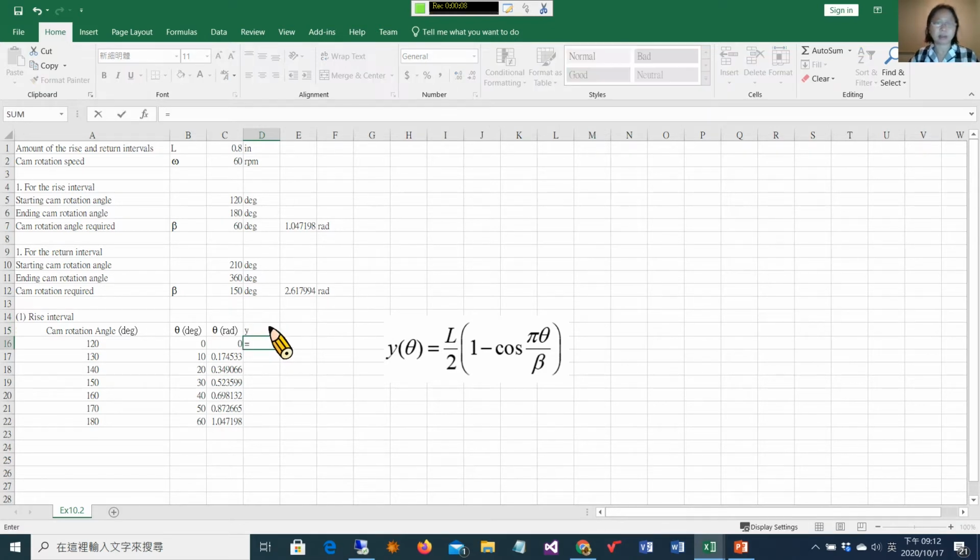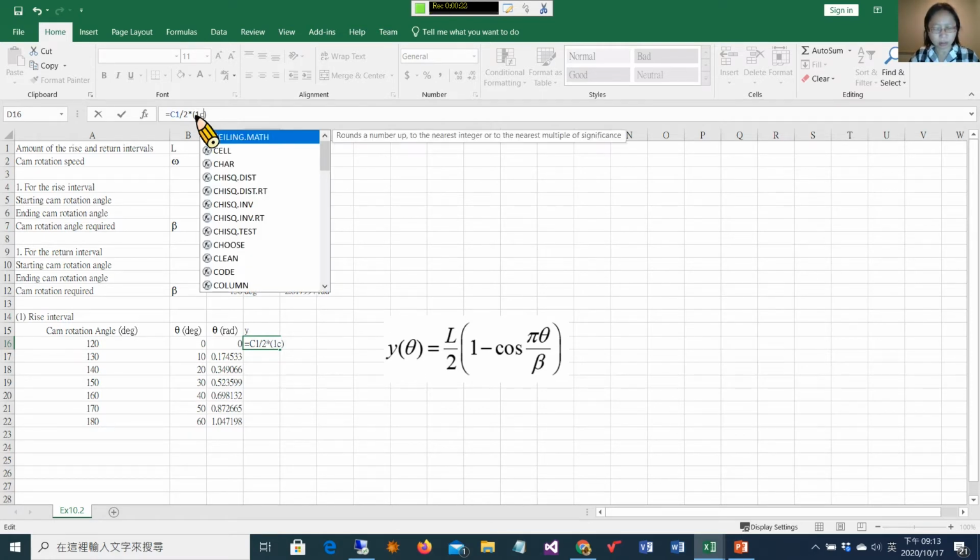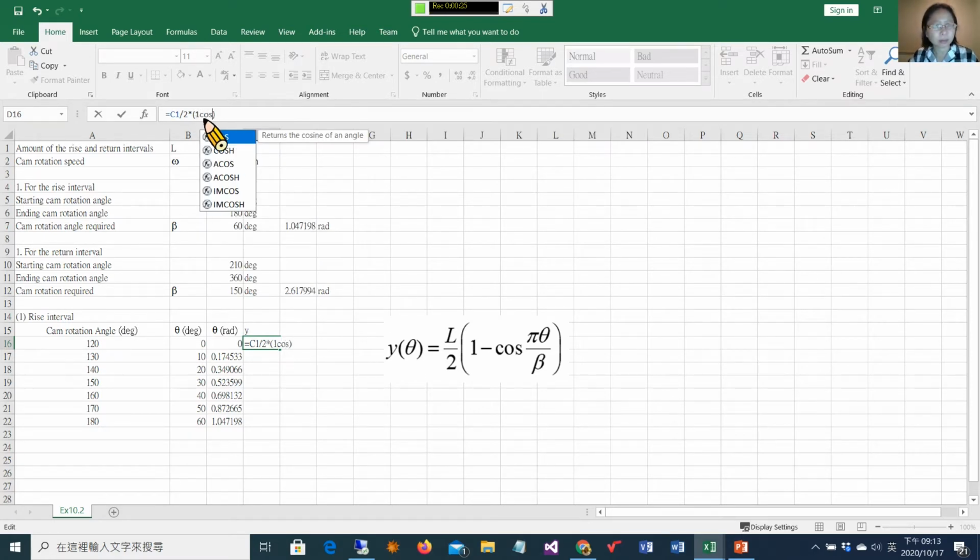Equal sign, L over 2 times 1 minus cosine of pi times theta over beta.